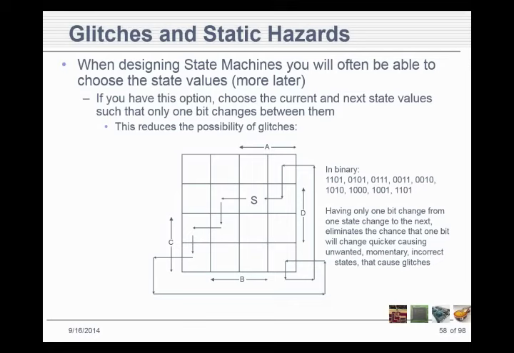Having only one bit change from one state to the next eliminates at least one way of having a glitch.